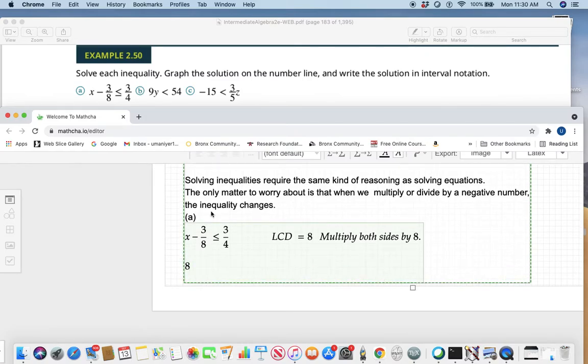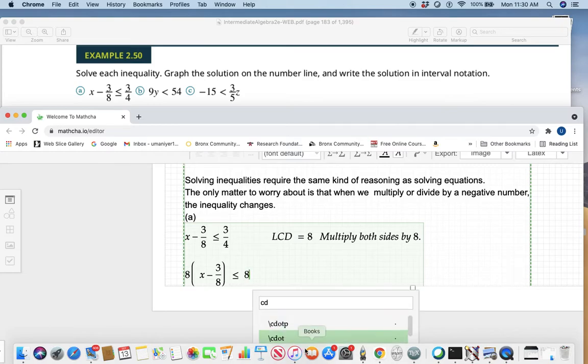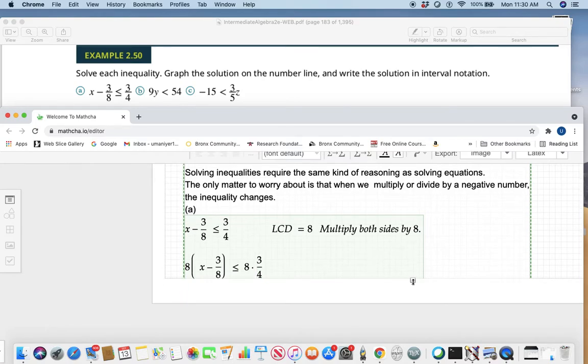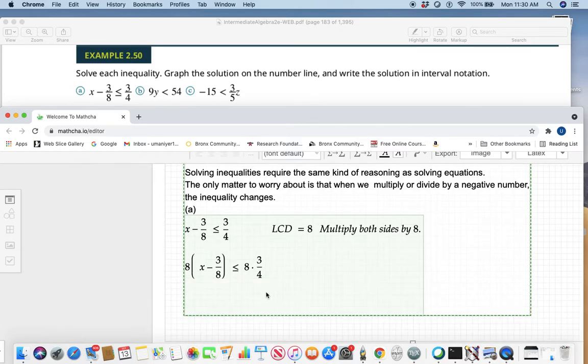8 times that entire side, mind you, x minus 3 over 8, is less than or equal to 8 times 3 over 4. Why do we multiply? So as to clear the denominator.